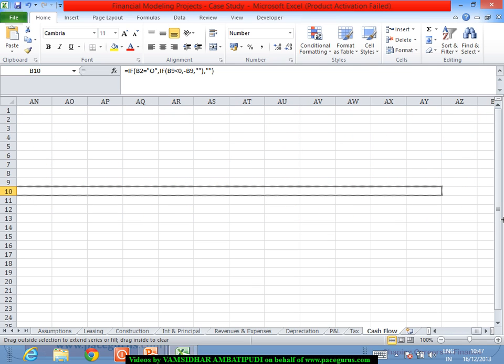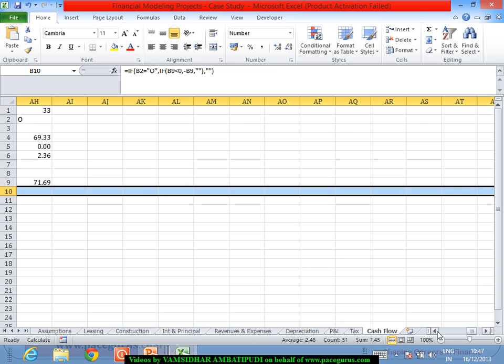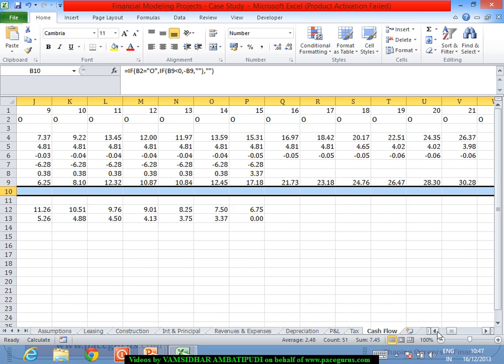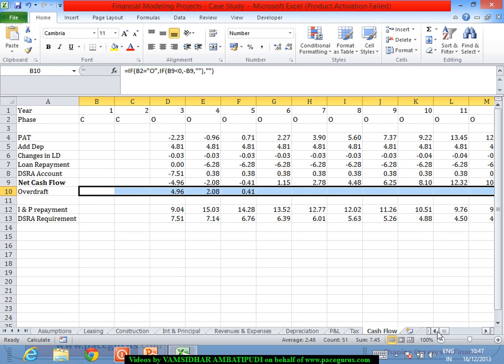So obviously I'll drag it up to AZ, and what is coming out is, these are all blanks coming up. Only for these periods the overdraft is actually coming out. This is what is the overdraft requirement. And so because I have taken this kind of overdrafts, I may have to pay back these overdrafts also.